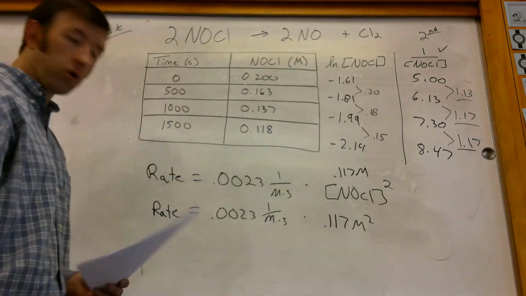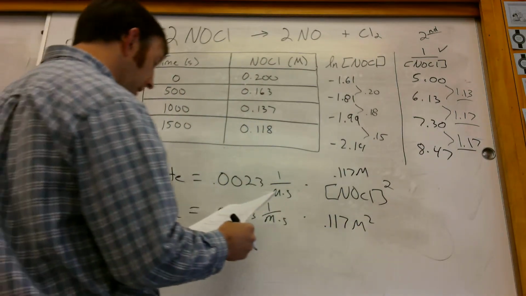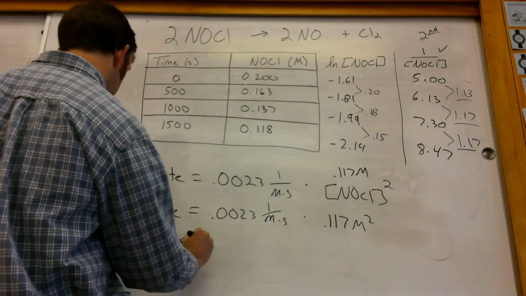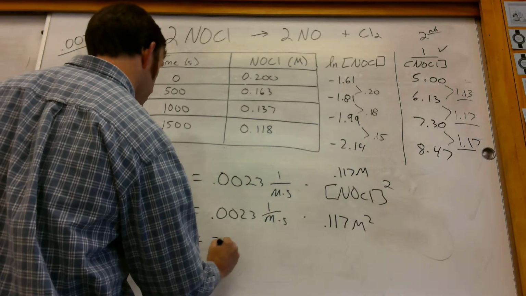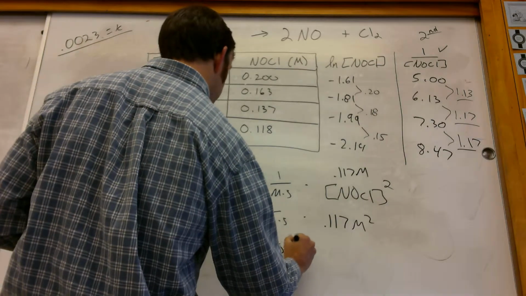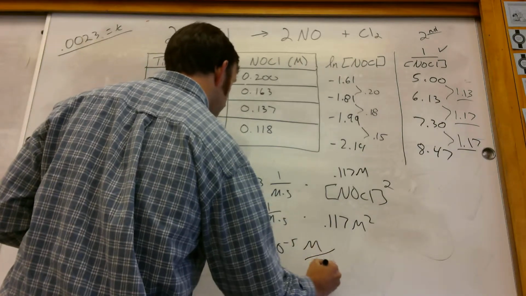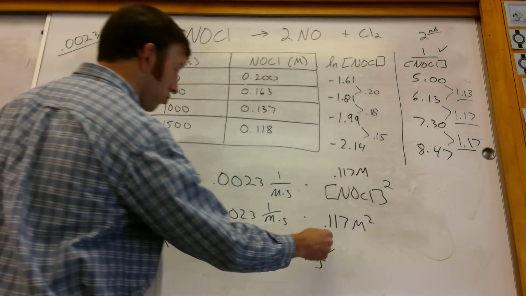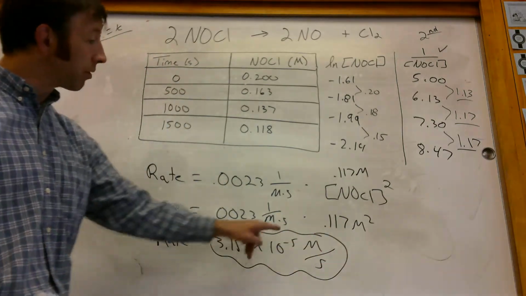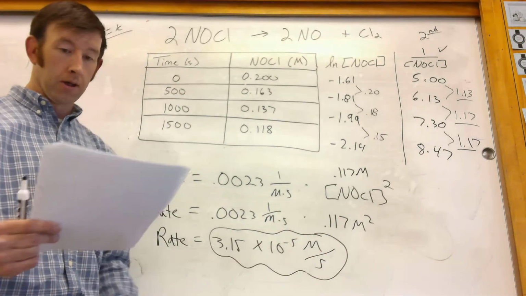I go through that mess right there, and what I end up with is my rate is equal to 3.15 times 10 to the negative fifth molarity per second. And do remember that your rate for these types of problems is always going to be molarity over seconds.